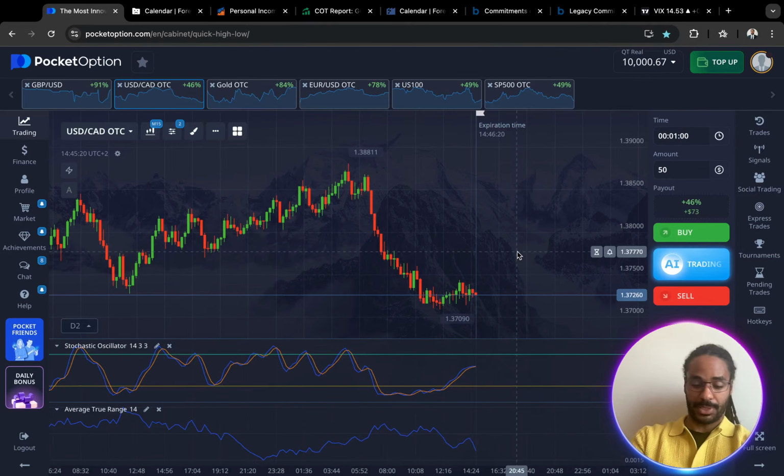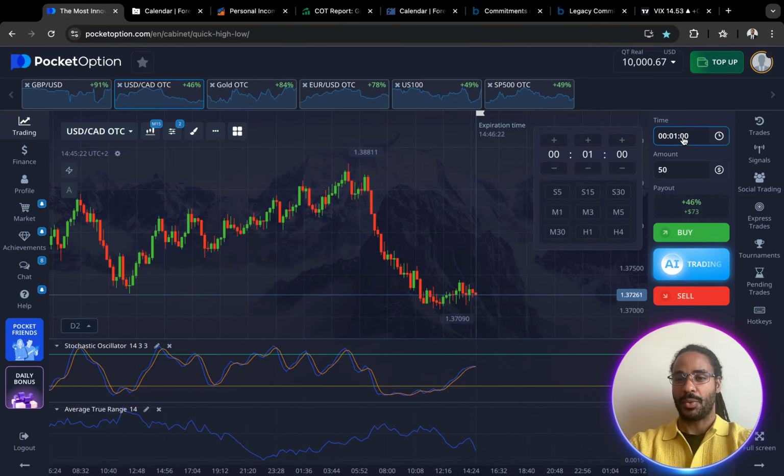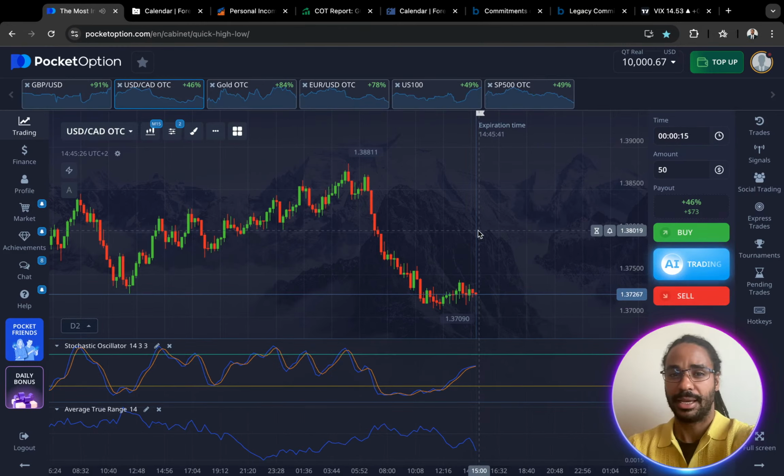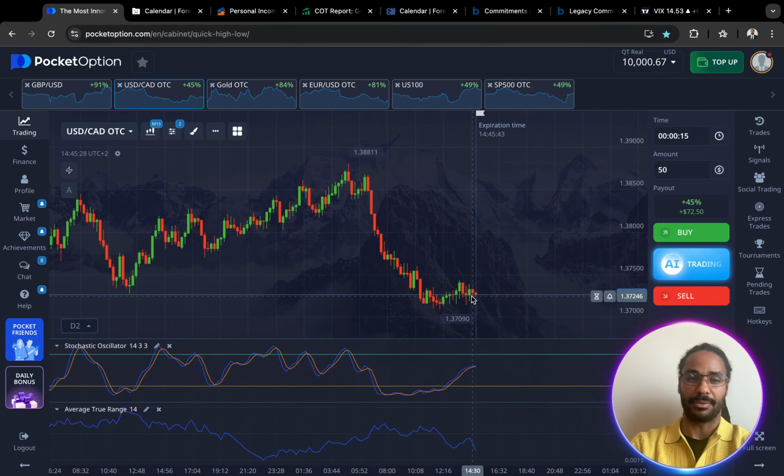It kind of helps you make the right decision. So we could see we have 15 seconds, but pretty much that's because of the volatility not being as much as expected.